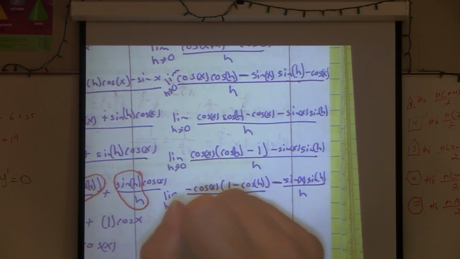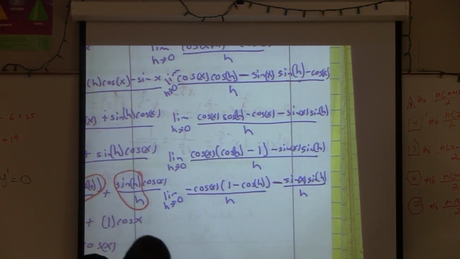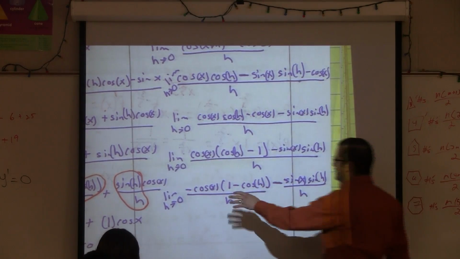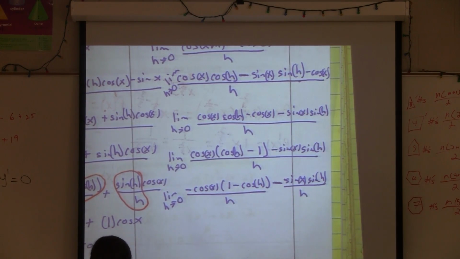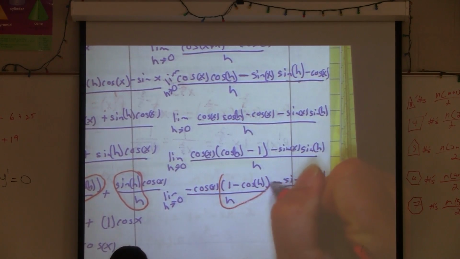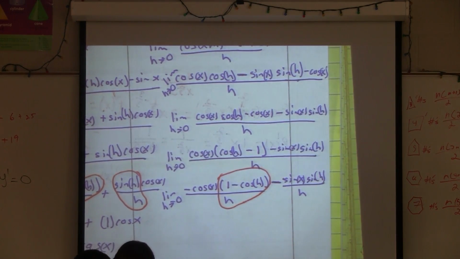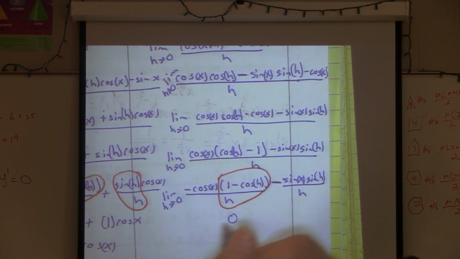We want the limit as h goes to 0. So now we would be putting the 0 in for the h's, but we know that this particular limit as we approach 0 is what? That's 0, right? Times what?